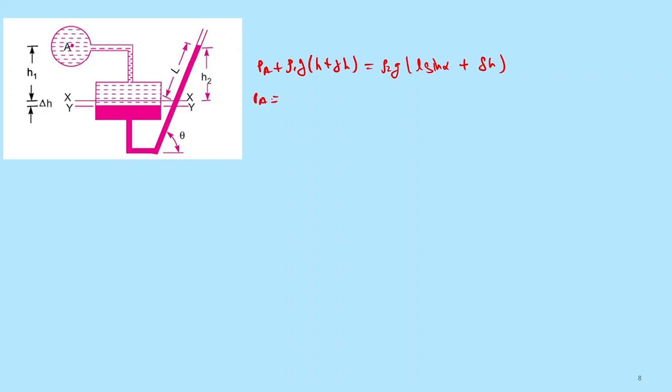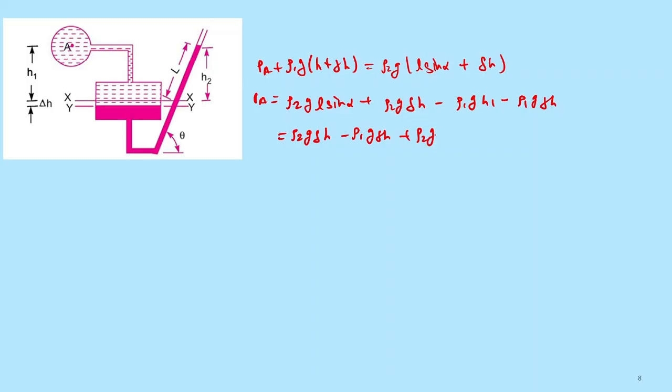After simplifying it more, we will get PA equal to rho 2 G L sin alpha plus rho 2 G del H minus rho 1 G H1 minus rho 1 G del H. Further simplifying, we will get rho 2 G del H minus rho 1 G del H plus rho 2 G L sin alpha minus rho 1 G H1.